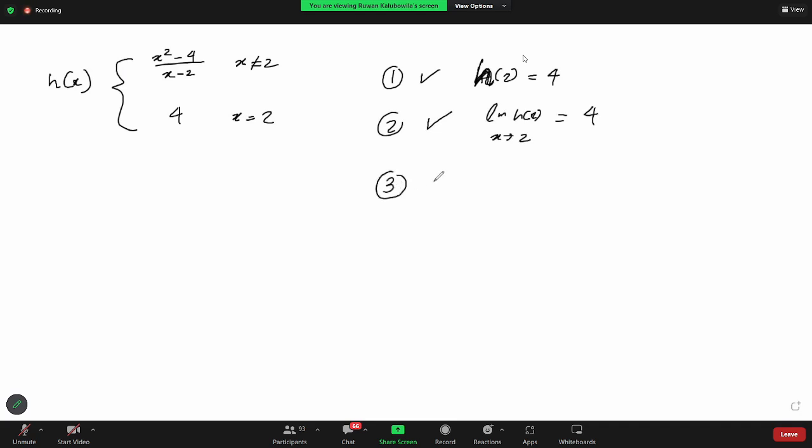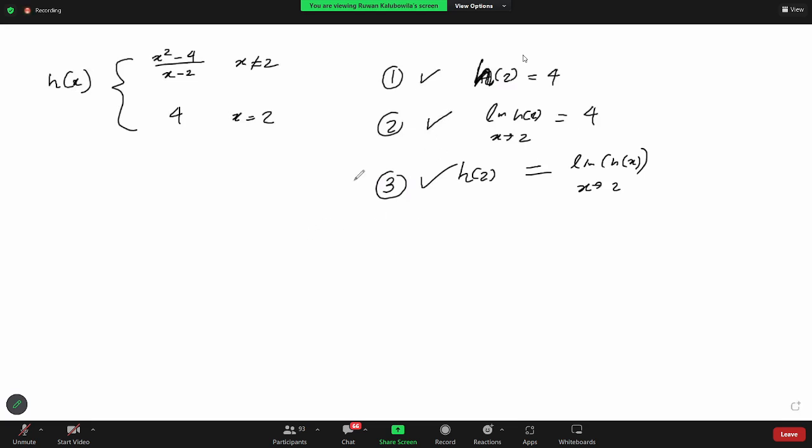Now you can check the third option. Now tell me, are these two values equal or not? Equal. Okay, the third one is true.